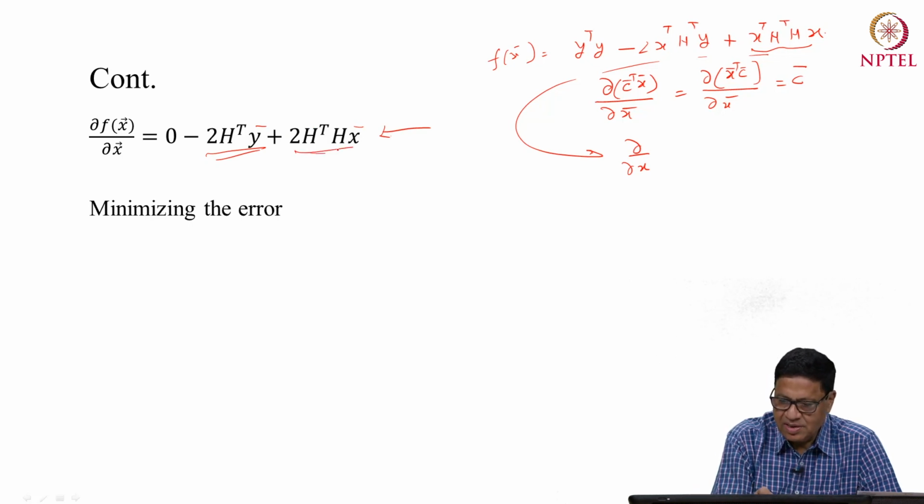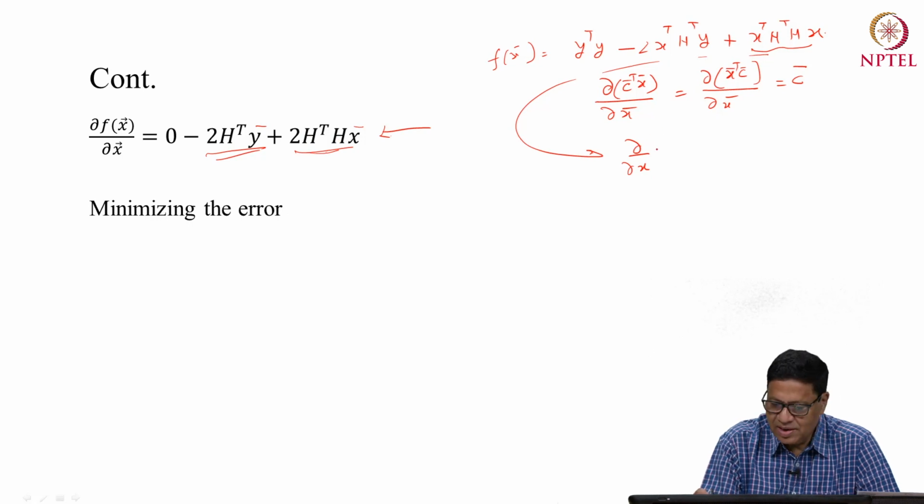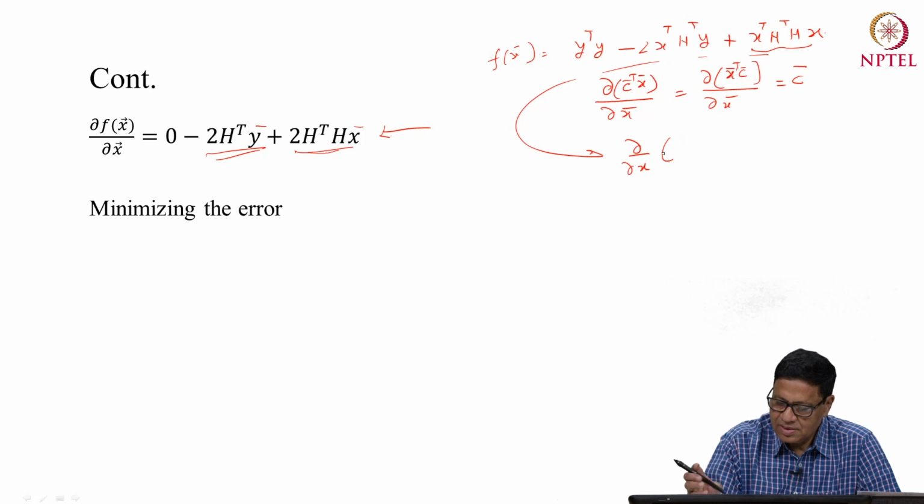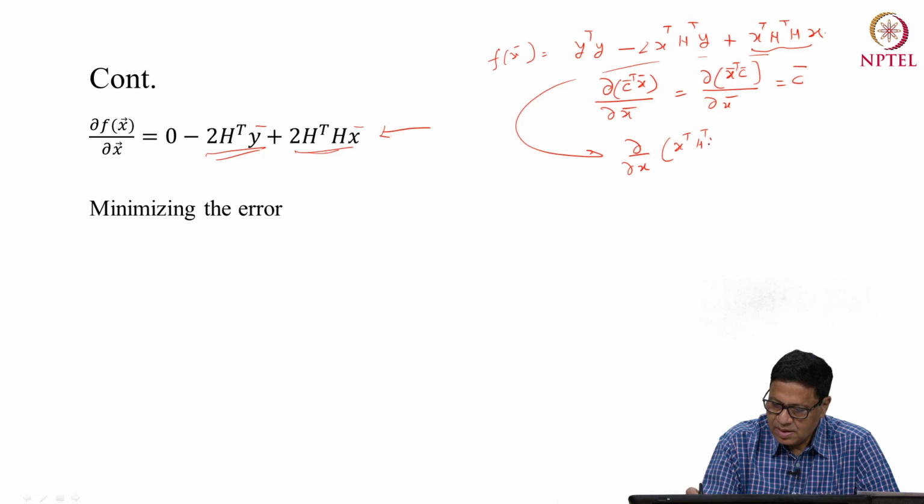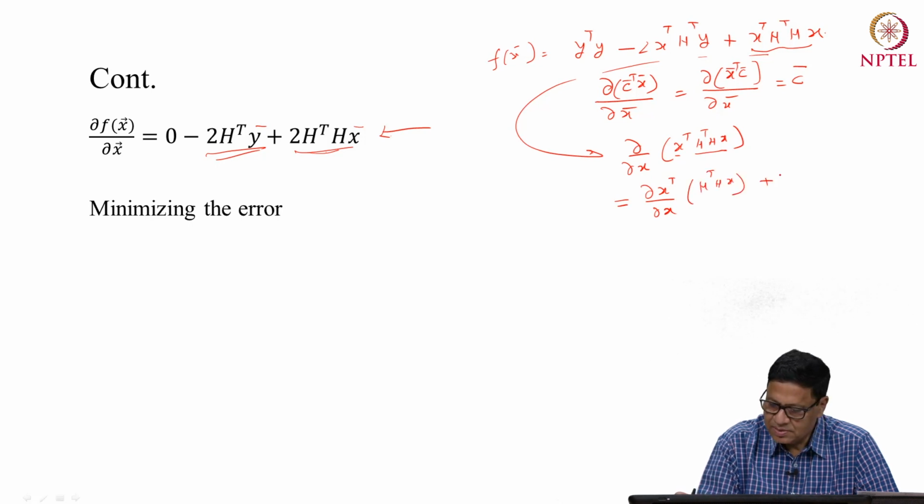I am explaining the third term. The third term will be d by dx of x transpose H transpose H x, and let us do it by parts. This is one part, this is another part: dx transpose by dx times H transpose H x, plus x transpose into d by dx of H transpose H x.